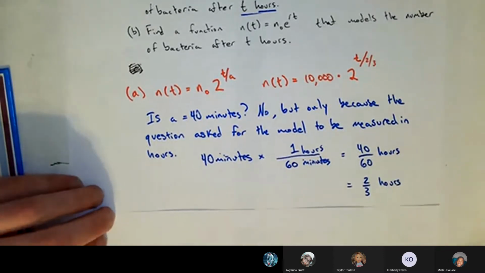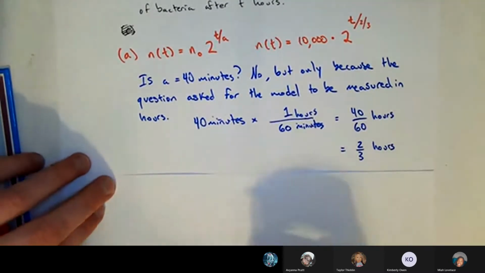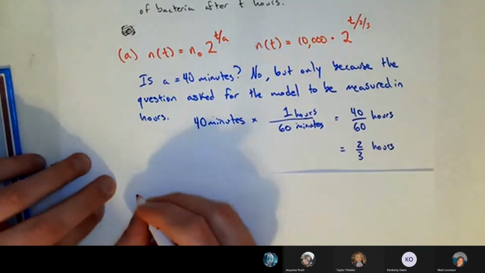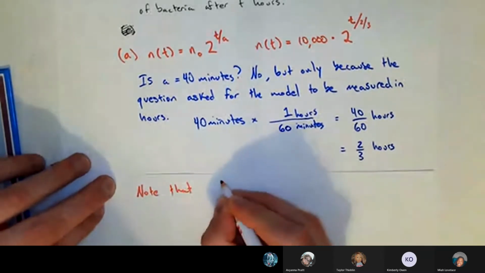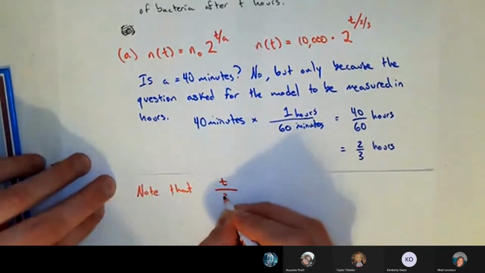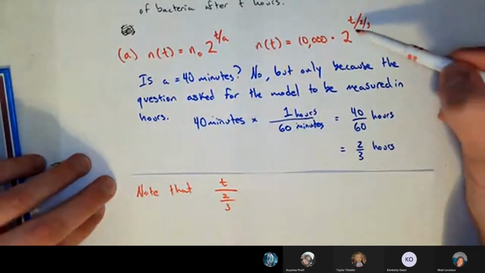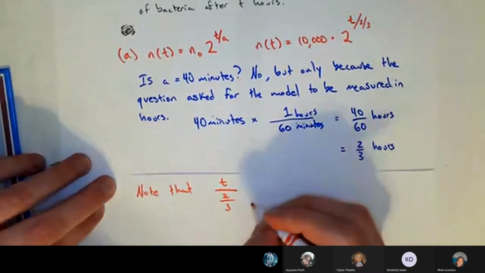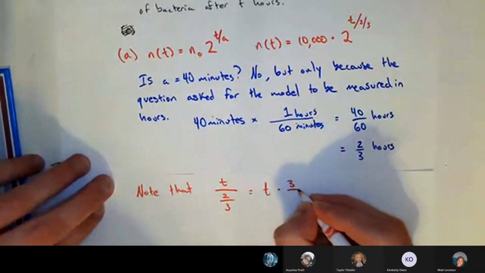So let's clean this model up a bit by saying t over 2/3. I'm just isolating the exponent up here because I'm going to clean it up, is equal to t times 3/2.